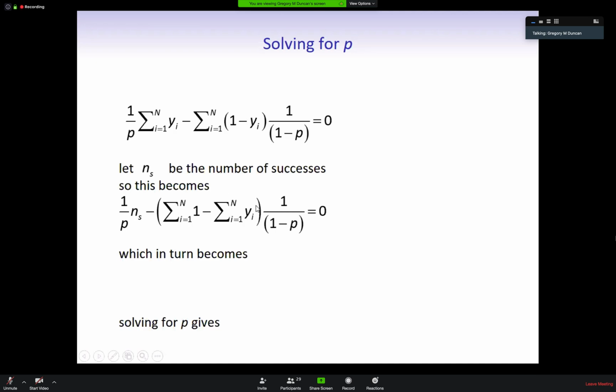Now the sum of the yi's is ns. What's the sum of 1, n times? It's n. It is not 1. It is n. And the reason I do this is I've seen so many people make mistakes on this that I just go through it in great and gory detail the first time we see it. By the way, I don't go through things again after you've seen them.